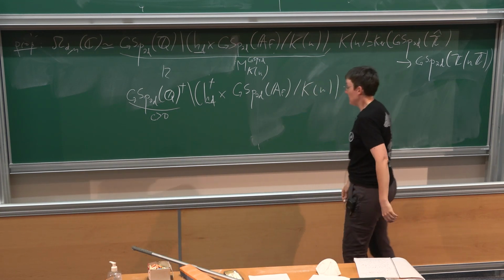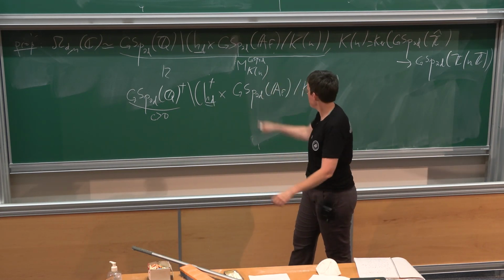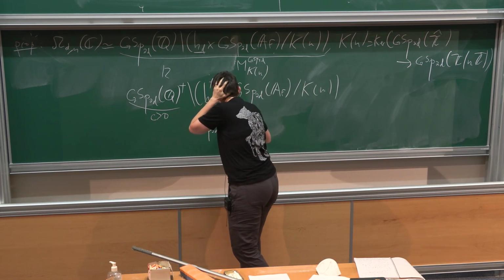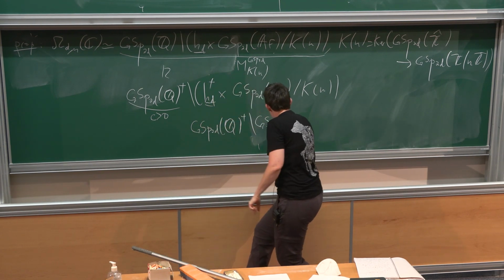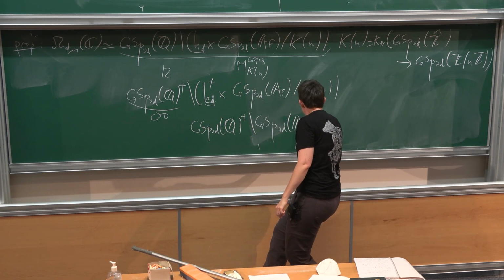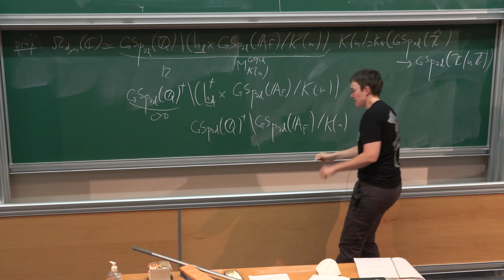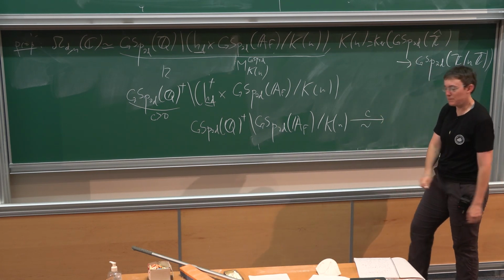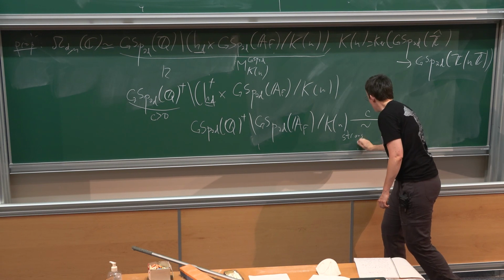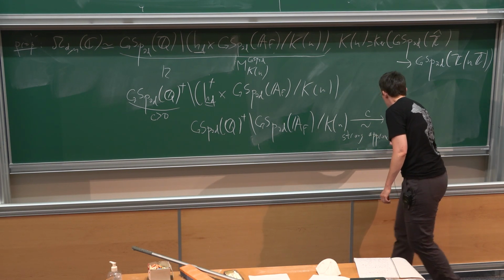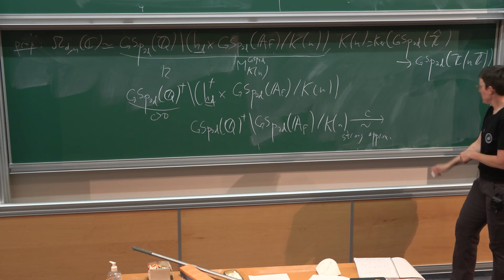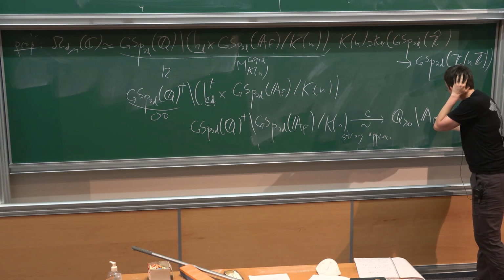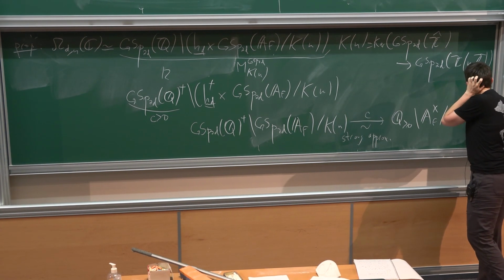This thing is connected, and the connected components of this are indexed by this double quotient, which is a finite set, and this, by strong approximation, is going to be actually isomorphic to this thing here.